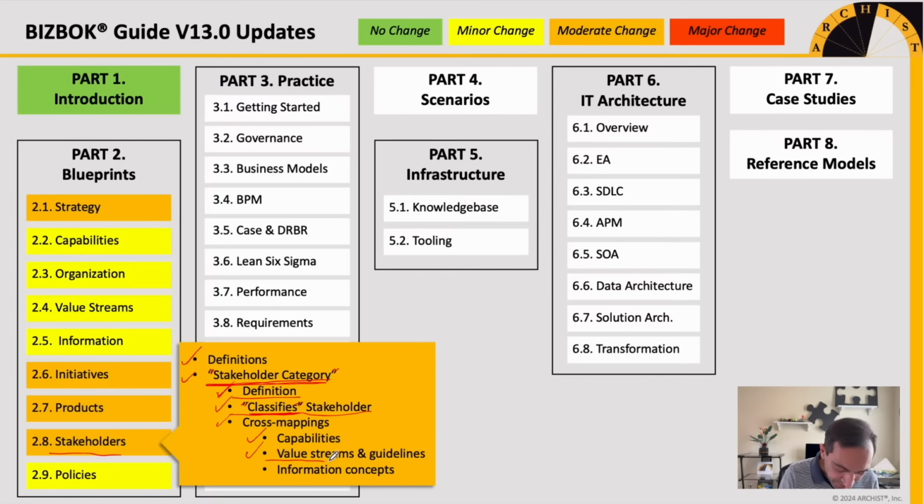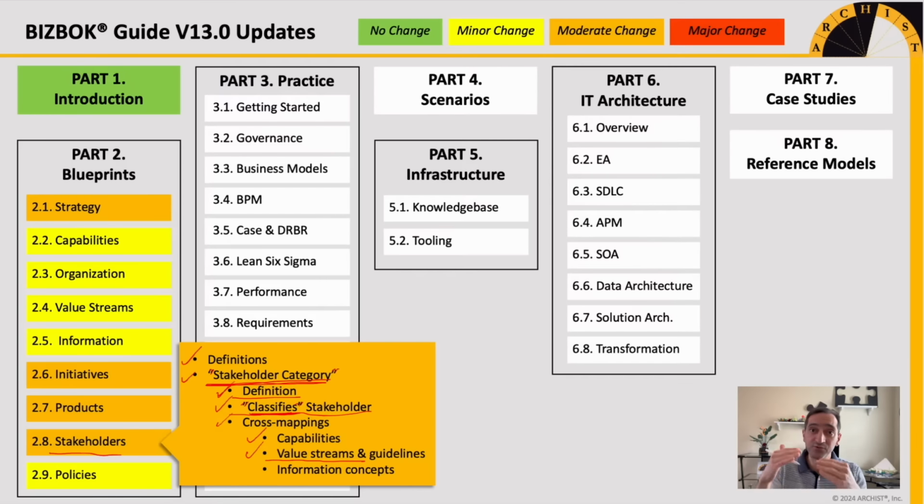But the cross mapping to value streams, as I talked about in our value stream section, is that where we identify the triggering and participating stakeholders across a value stream, we can also leverage a stakeholder category as opposed to referring to the specific stakeholders.